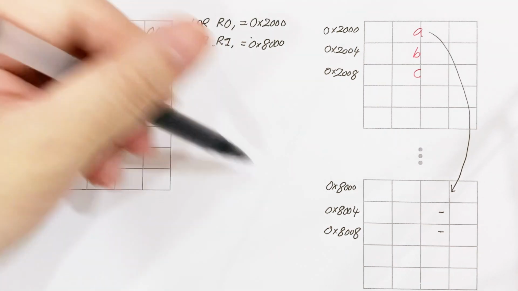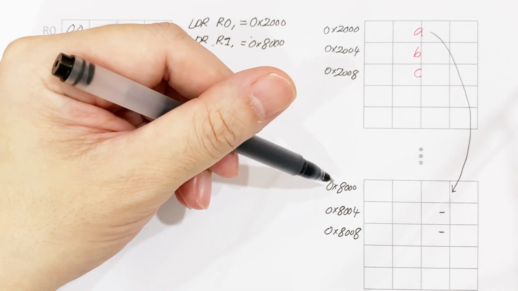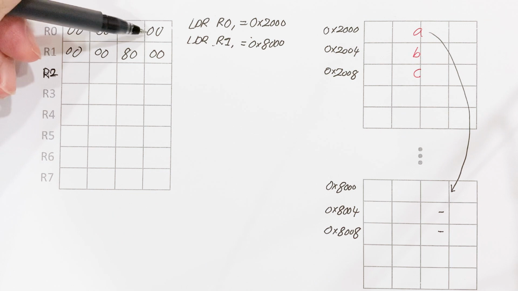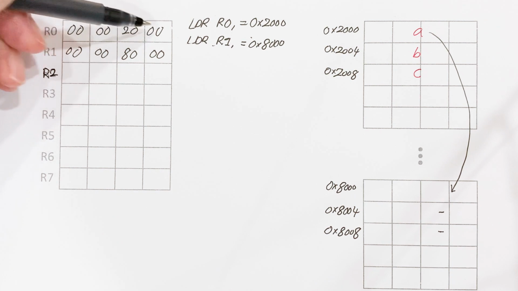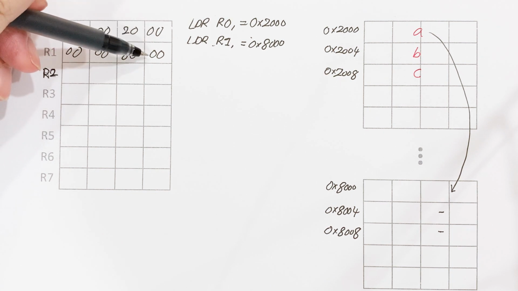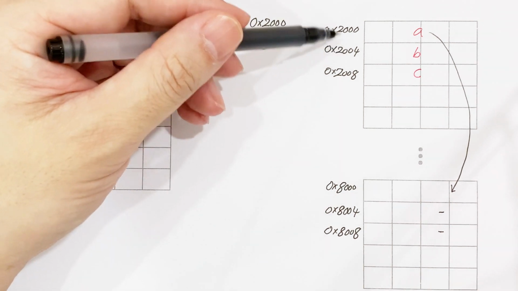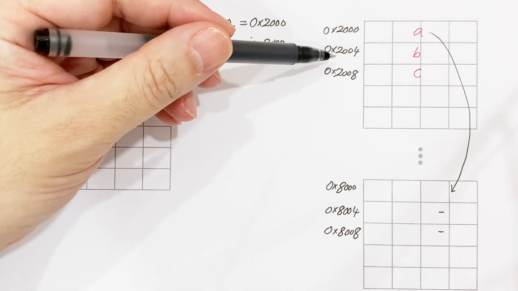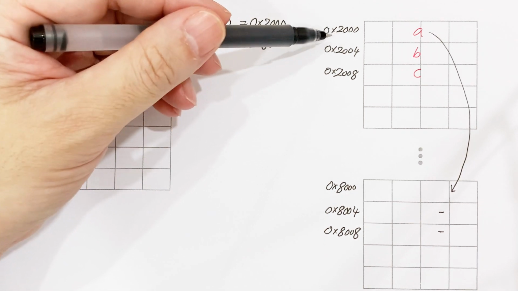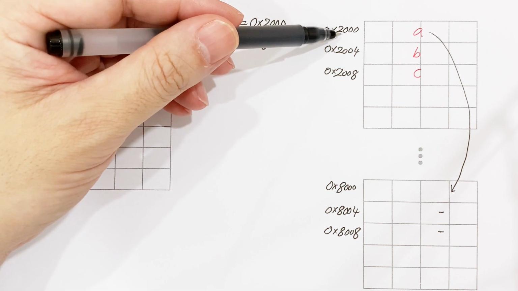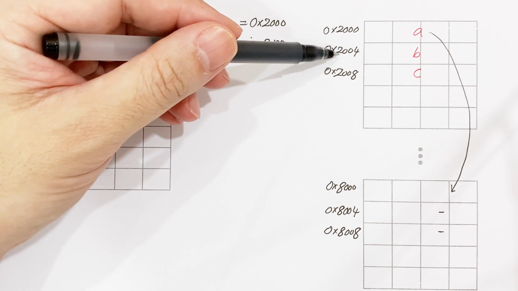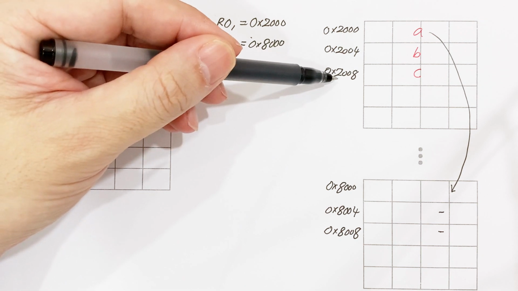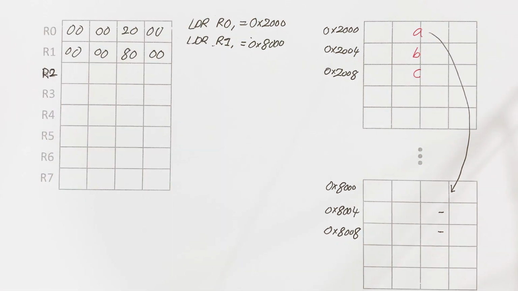After we complete the process, we're going to increase the address pointers of R0 and R1 by 4, so that in the next loop, we can automatically shift the address from 2000 to become 2004 and 2008 respectively.